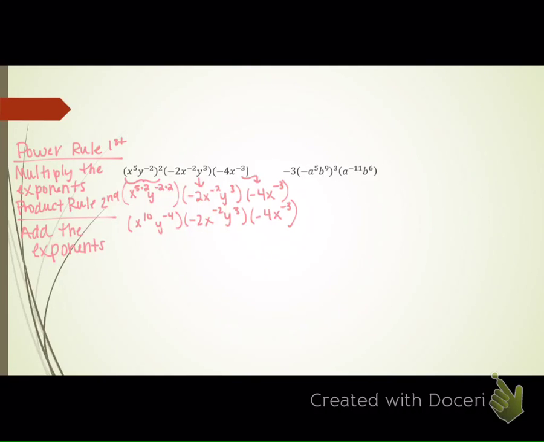But this one has a power on the outside, and do you see these ones don't? So the power rule tells us an exponent to an exponent is multiplication. The reason for that is because you have 5 x's here, and it tells you to list those out twice. So this is 5 x's listed out twice, so that's 10 total x's, which is 5 times 2, right? Now, it's hard to look at this with negative, so if this was just a positive 2, if we had 2 y's listed out twice, that's 4. 2 times 2 is 4.